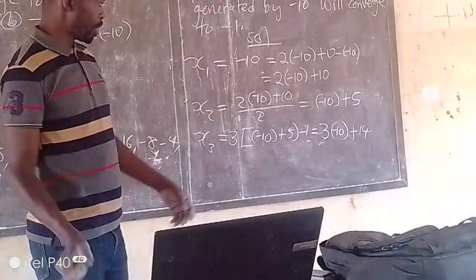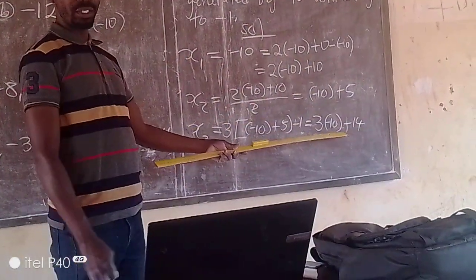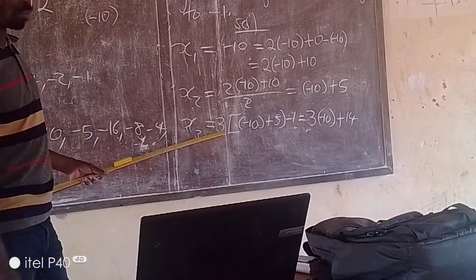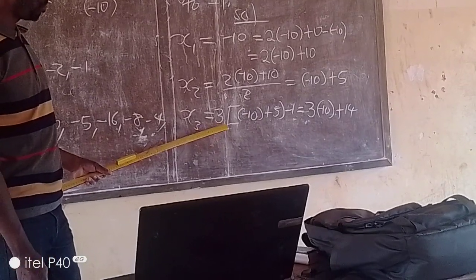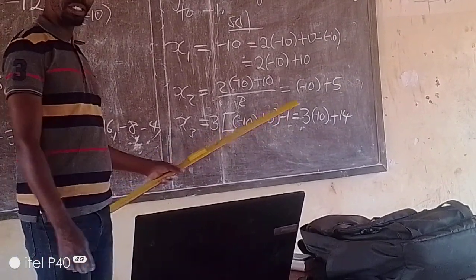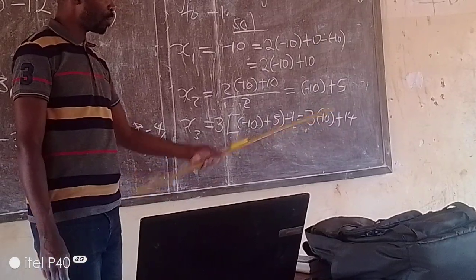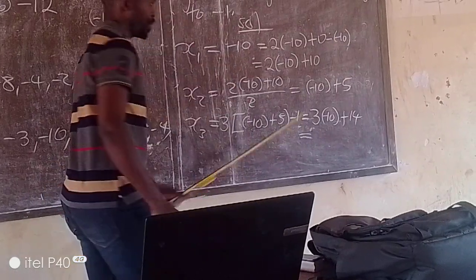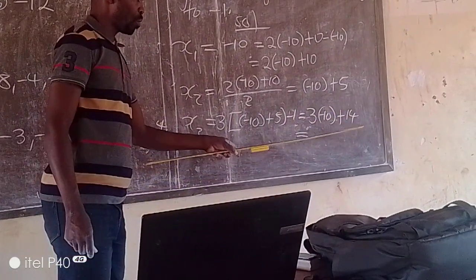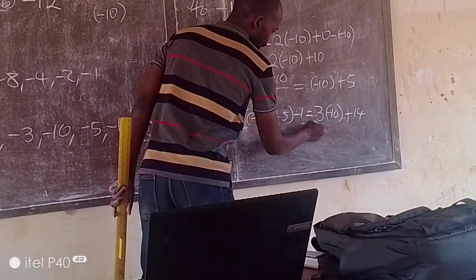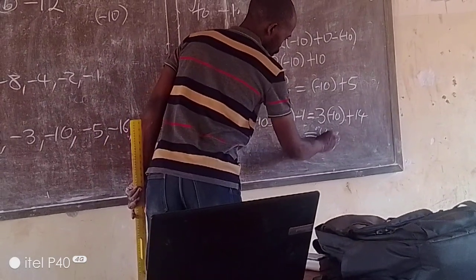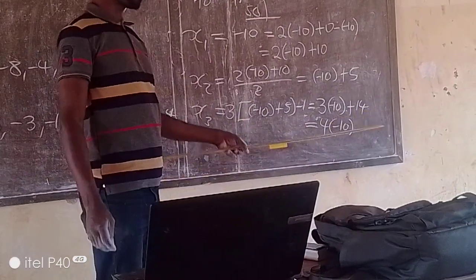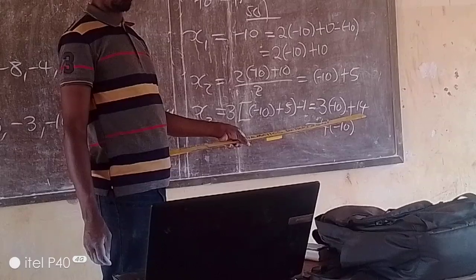If you look at that, this is an even integer, because we have gotten it from the multiplication of 3 by an odd, then subtract 1. So the result is even. Unfortunately, 3 cannot be divided by 2. We need to add the 1 to this, and it becomes 4 times negative 10. Then we need to subtract the negative 10 from 14.